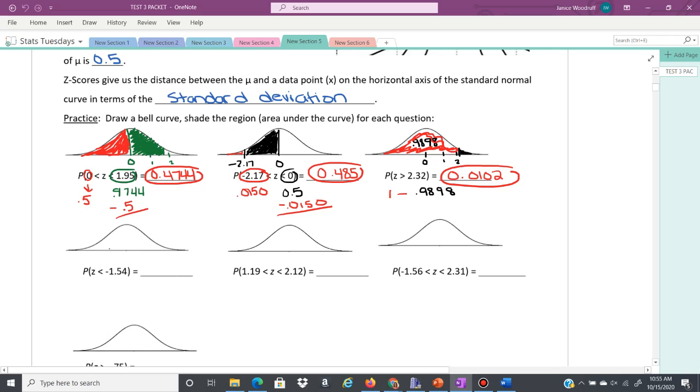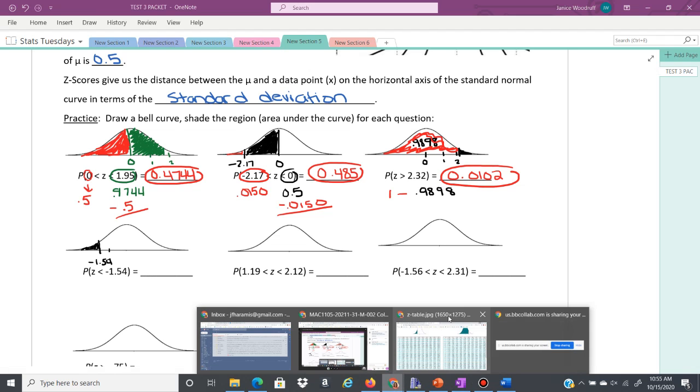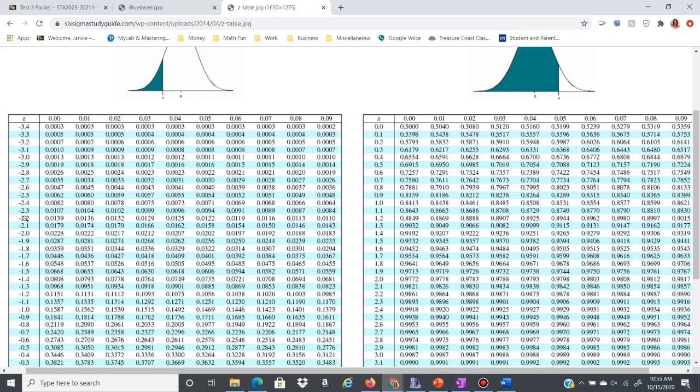So negative 1.5, maybe like right here. Okay, you're just doing the area to the left. The chart gives you the area to the left, so you just need to find this on the chart. So negative 1.54, negative 1.5 over to 4, 0.0618.